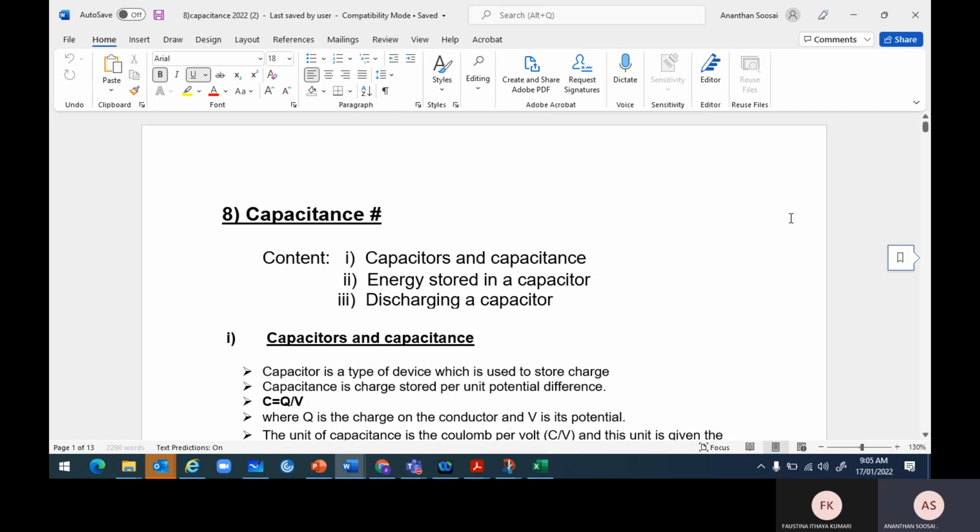I think we spent 2 classes about capacitor, so another 2 classes to finish this topic. We've done the introduction, capacitance. We haven't done the second and third. Today we discuss the energy. As usual, recall what you learned so far about capacitor.